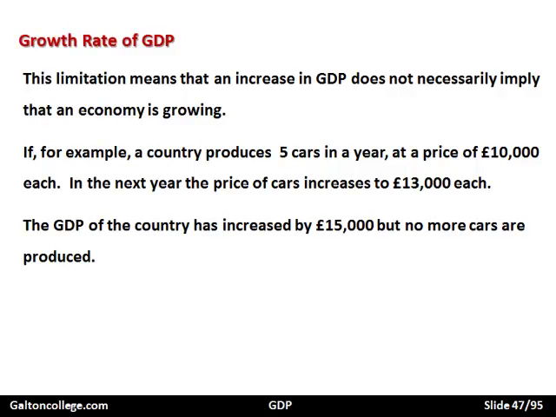The next year it sells them for £13,000. So the sales in the first year were £50,000. In the second year it's £65,000. We take 50,000 from 65,000, £15,000. It looks like GDP has gone up by £15,000, but it hasn't. It's prices that have gone up. It's still the same number of cars.